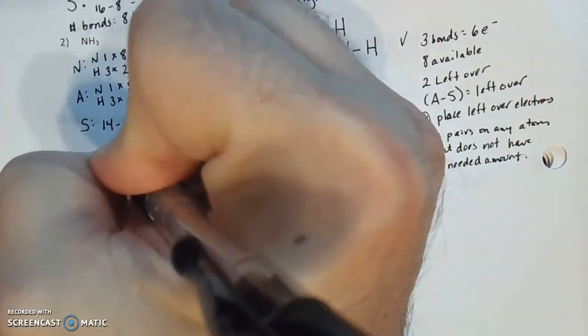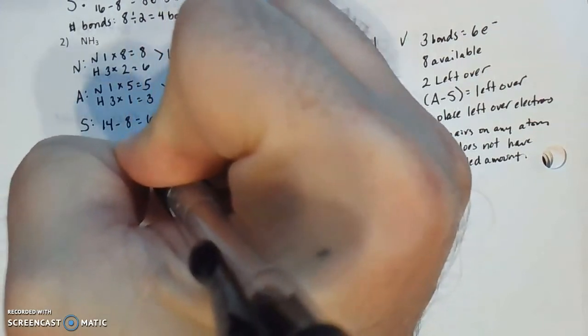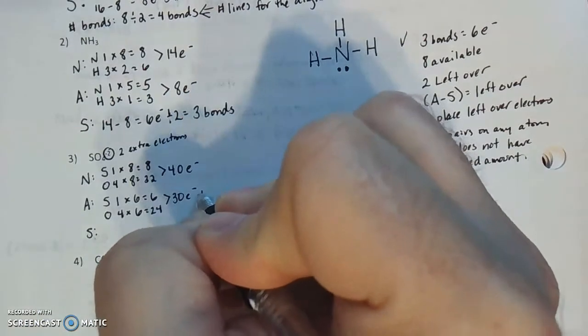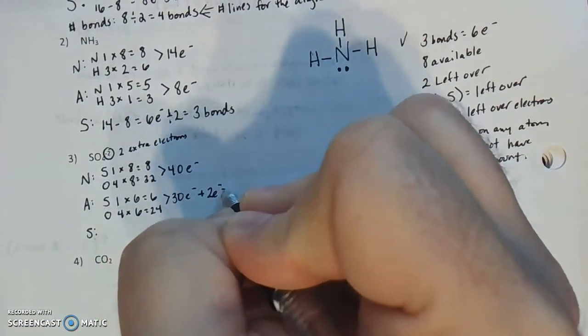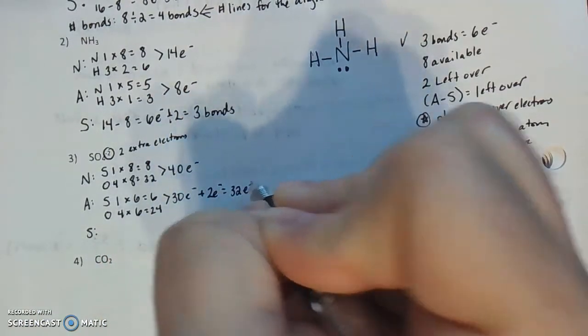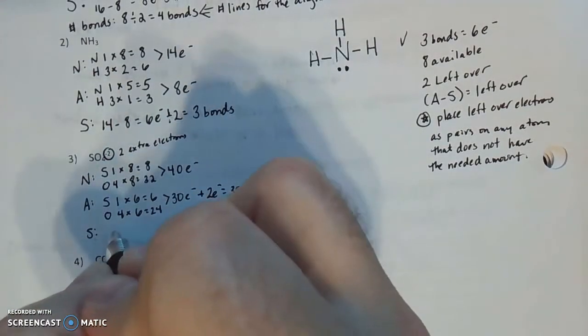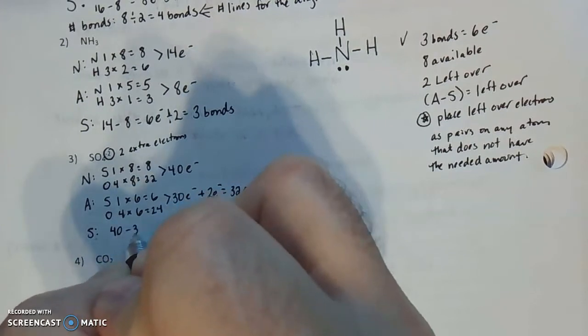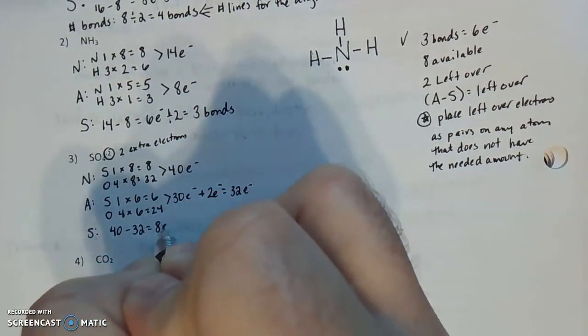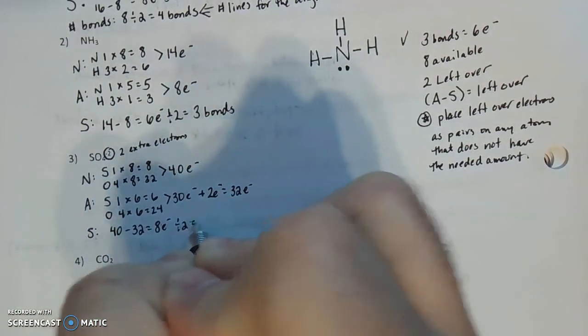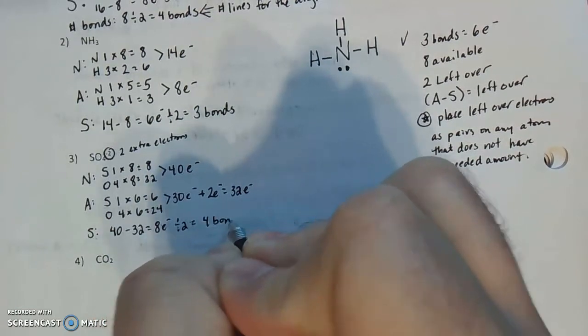That means that we have 2 extra electrons. So we have to add 2 electrons to available to give us 32. So when we do our S, we get 40 minus 32, which is 8 electrons. Divide that by 2, gives us 4 bonds.